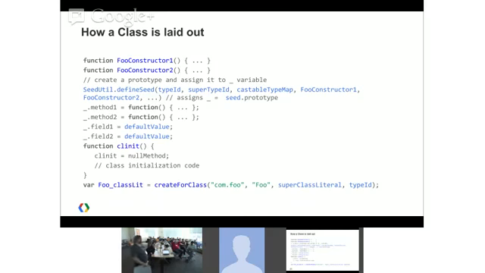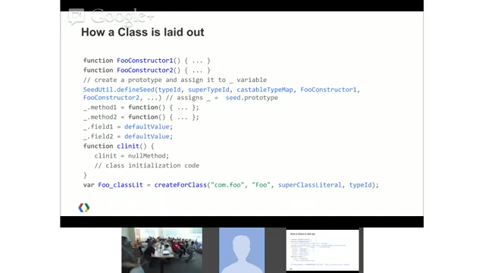This is one of the reasons why overlay types are beneficial: if you have just an empty class that you instantiate, you're going to get this in the output. The first thing we do is declare the constructors. The compiler will translate the constructors to JavaScript, and you'll get these two functions, constructor 1 and constructor 2.